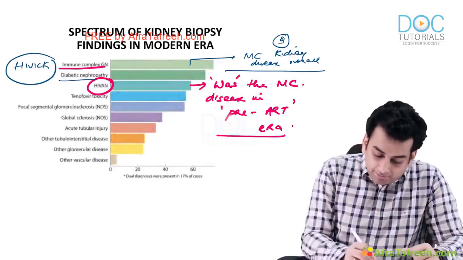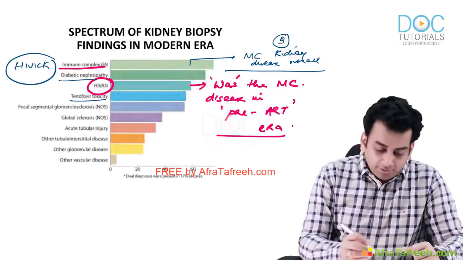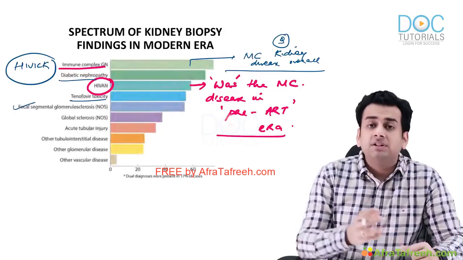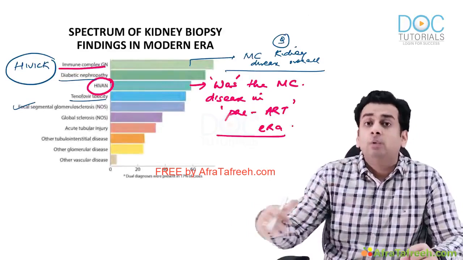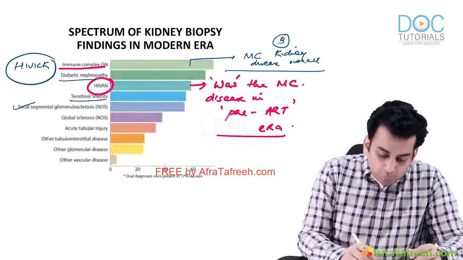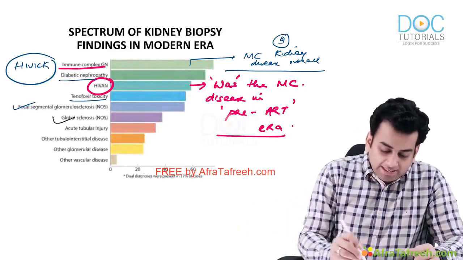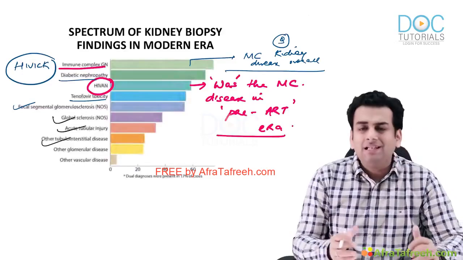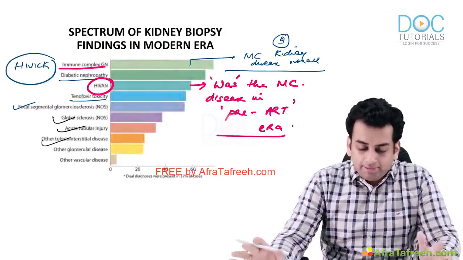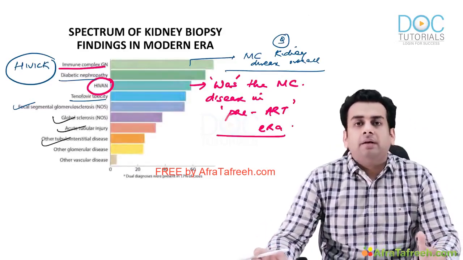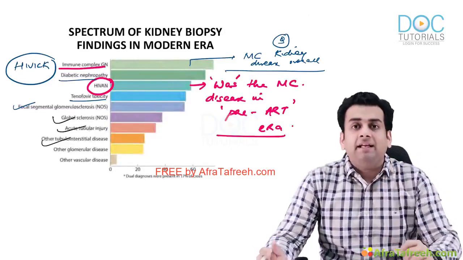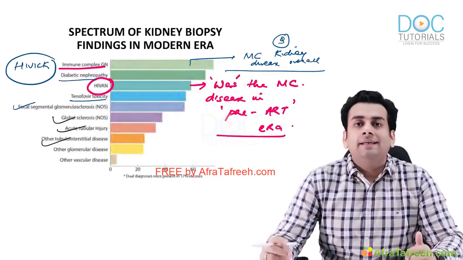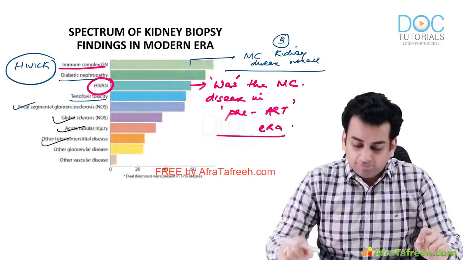Other things are tenofovir nephrotoxicity. There could be FSGS, which is the non-HIV type, that is the NOS type. There could be global sclerosis. There could be ATN, other tubulointerstitial disease, and other diseases. But again, the most common renal lesion in an HIV positive patient is HIVICK and not HIVAN.